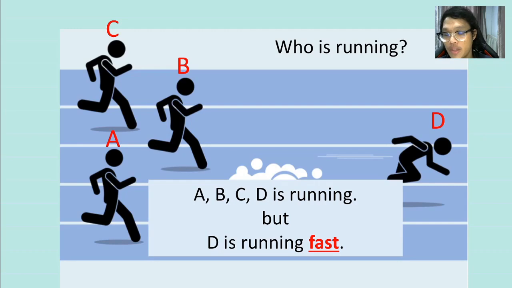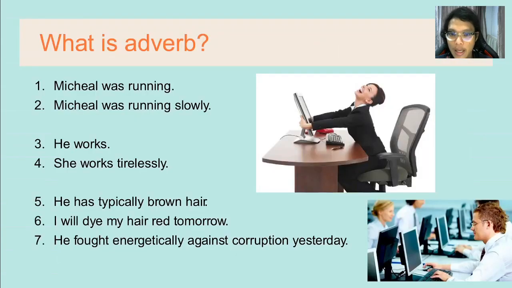Fast, an adverb, right? If we look closely at the adverb part, I have other examples here in the slides. When we want to describe the verb or an action verb of the sentence, regularly we use an adverb, right?